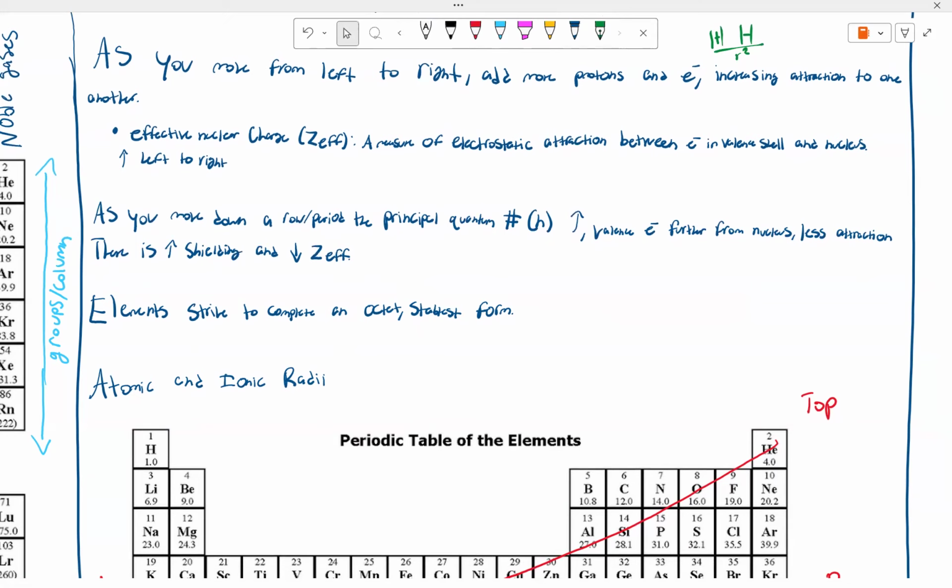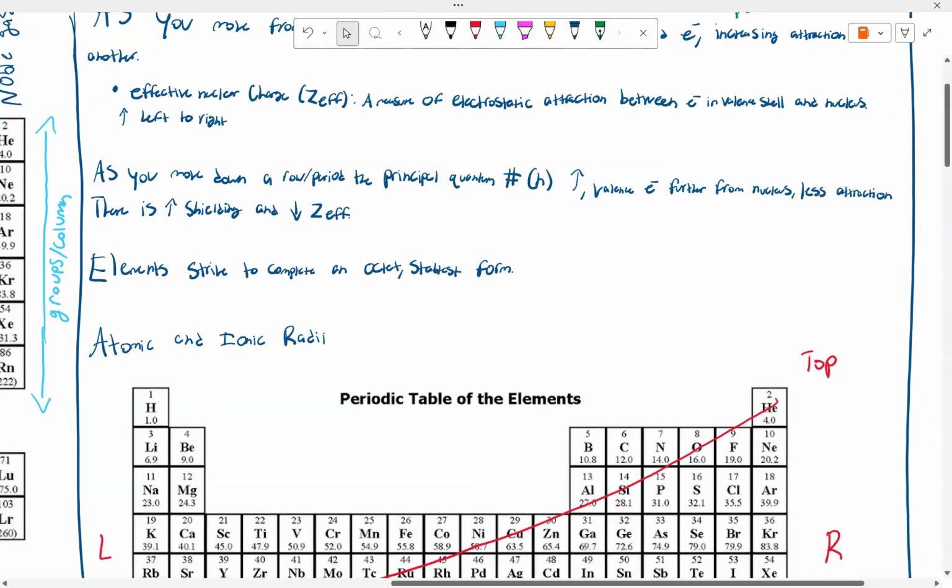Frequently you see it referred to as a measure of electrostatic attraction between electrons in the valence shell and the nucleus. So it increases as you move from left to right. Because remember from Coulomb's law, you're not increasing the distance because the shells are staying the same, but you're increasing the charges, so the numerator.